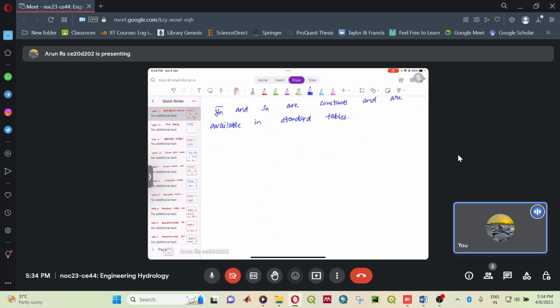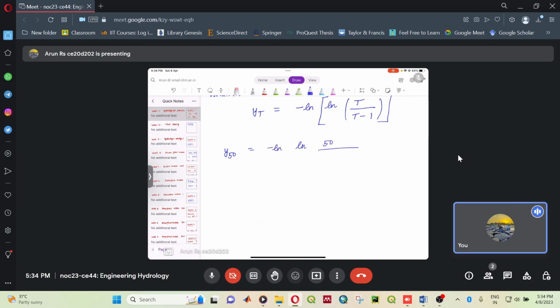And we saw the quantile function, that we can write Yt as minus natural logarithm of, again a logarithm, T divided by T minus 1. So this is an expression which was derived in the video lecture for Yt. So we can write for Y50 and Y100. So minus ln of ln into T by T minus 1, this is for a 50-year return period.